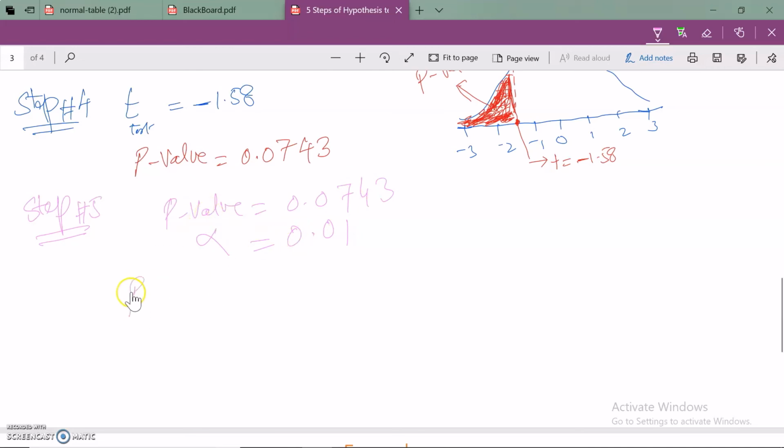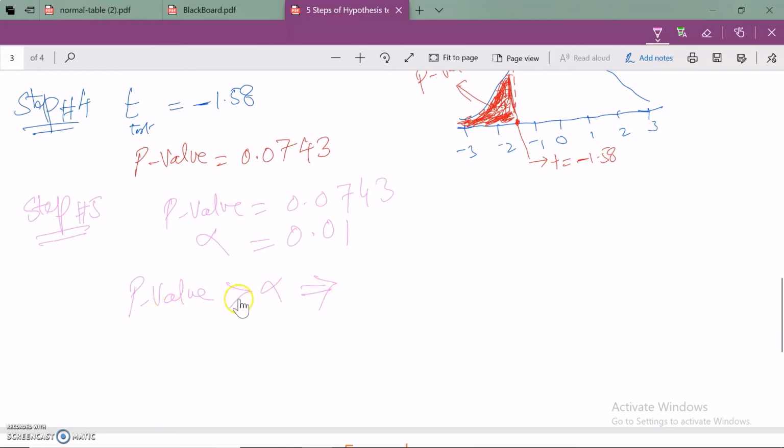So we note that the p-value is greater than alpha. When the p-value is greater than alpha, we fail to reject the null hypothesis. If the p-value is high, H0 must fly.